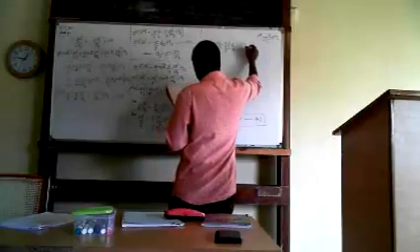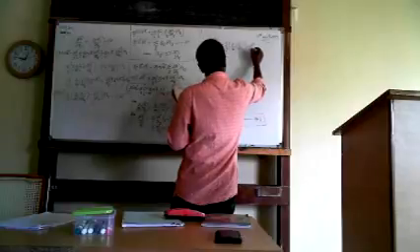Qj dot is called the generalized velocity.